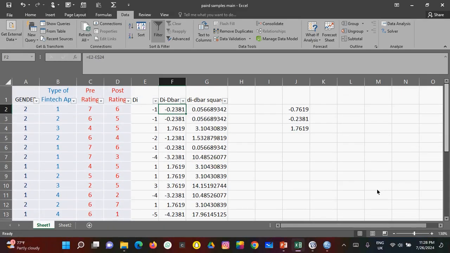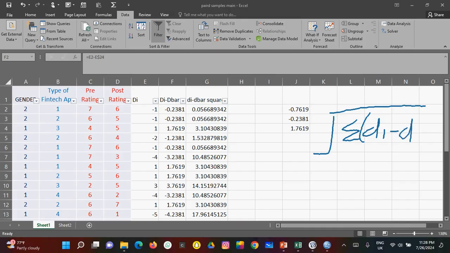But remember that in the formula, this was how it was: the root of the summation of (di minus d bar) squared all over n minus 1. So meaning that we are going to square all these differences and sum them.